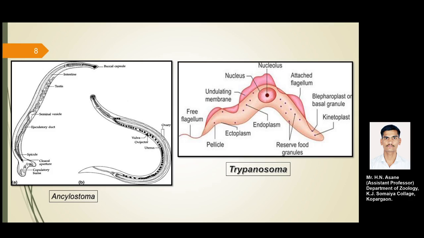So these ancylostoma are also known as the hookworm, and the mouth of the ancylostoma has suckers and a hook to attach to the epithelial surfaces of our intestine. And these trypanosoma are known as the blood fluke. These reside in the red blood corpuscles of our blood, so they are known as the blood fluke.